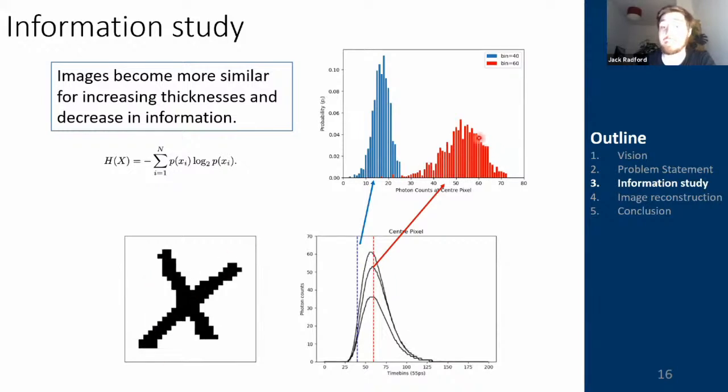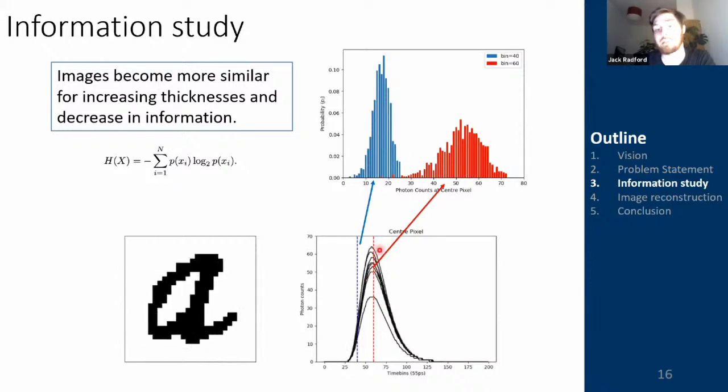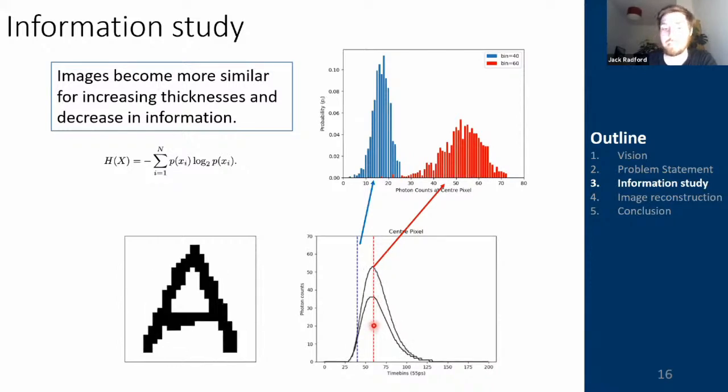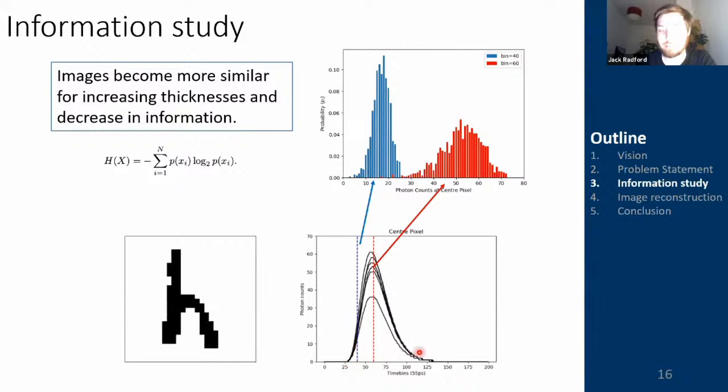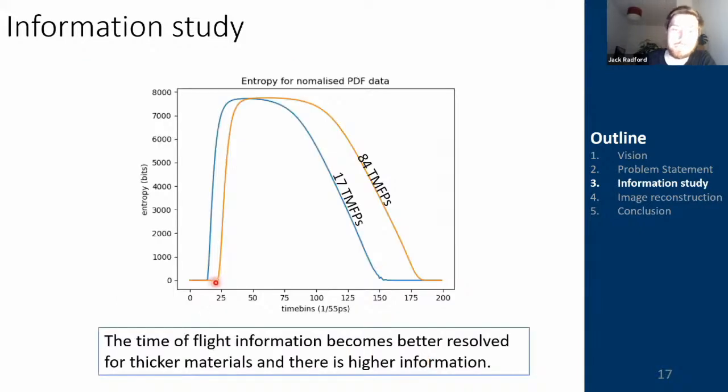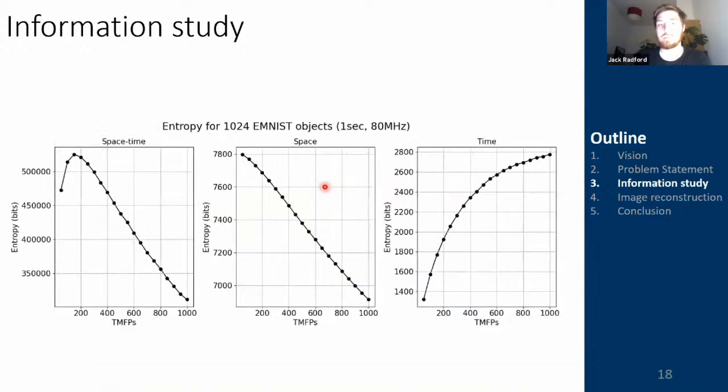So that would indicate that there is more information at these later time bins. And actually, if we take every time bin and plot its information, going to thicker materials, that total information increases, which would support the argument that as we go to thicker materials, the information resolved in time gets greater.